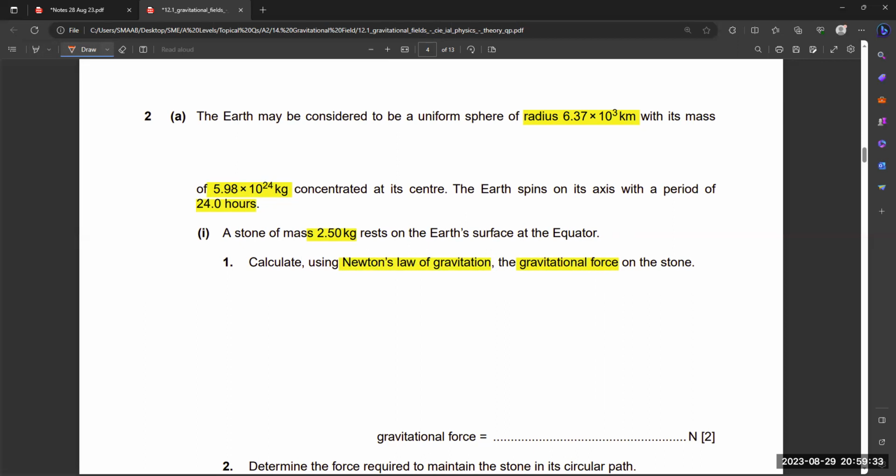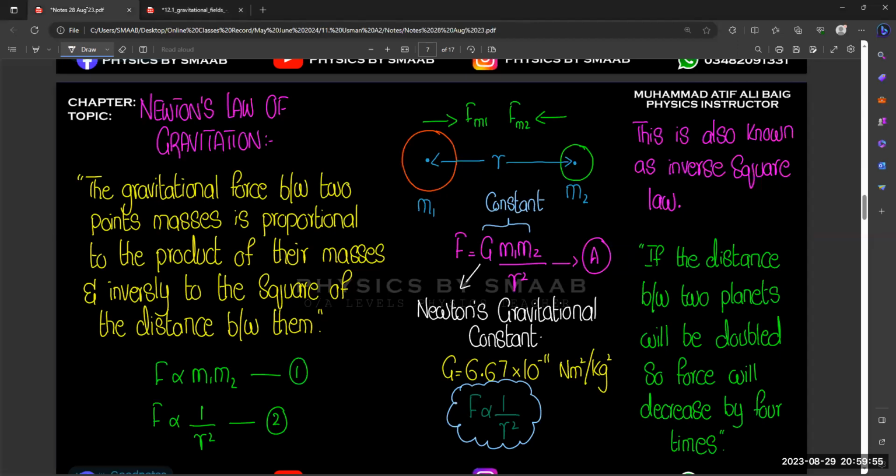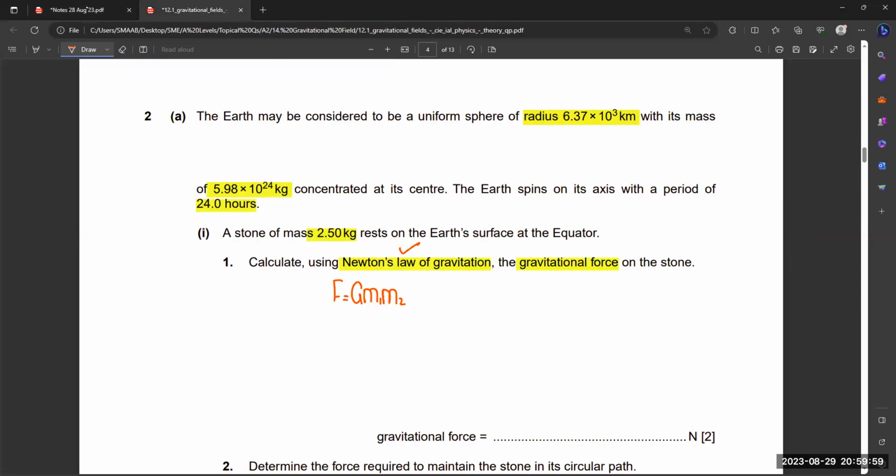So which formula will help us find the value of F? Basically, they write in the question that you need to use Newton's law of gravitation, the same law. F equals G m1 m2 over r squared, right? Yes. So this is the law.